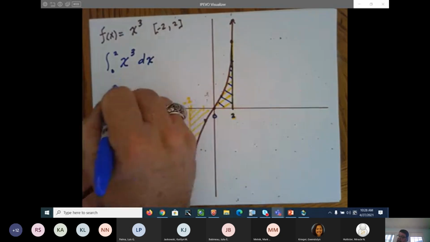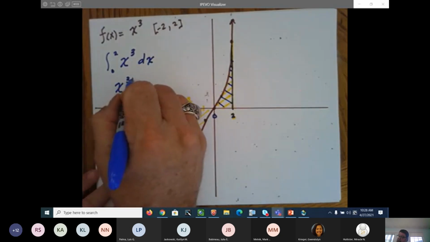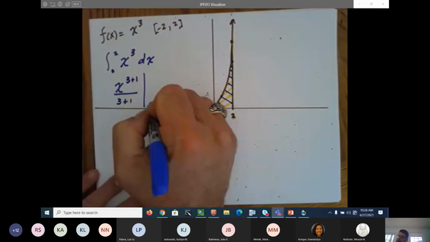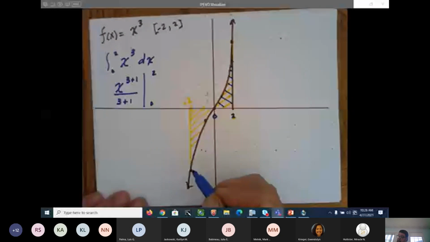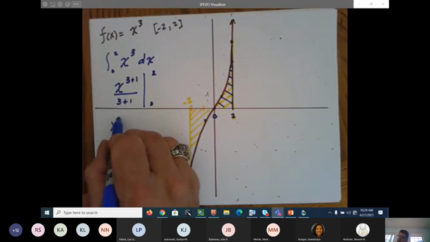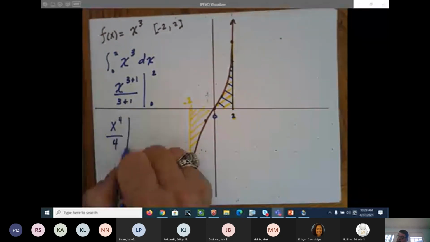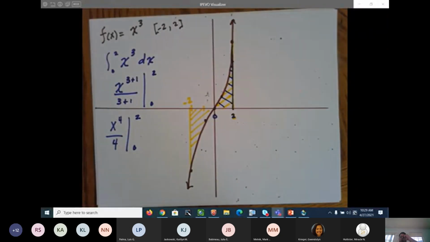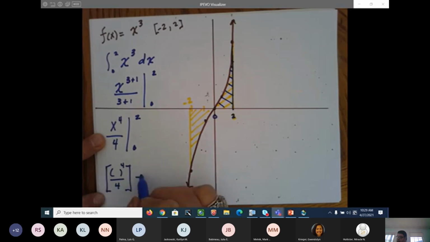So that's going to be x to the 3 plus 1 over 3 plus 1 evaluated at 0 and 2. x to the 4th over 4 evaluated at 2 and 0. And I'm going to set up 2 to the 4th over 4, minus 0 to the 4th over 4.